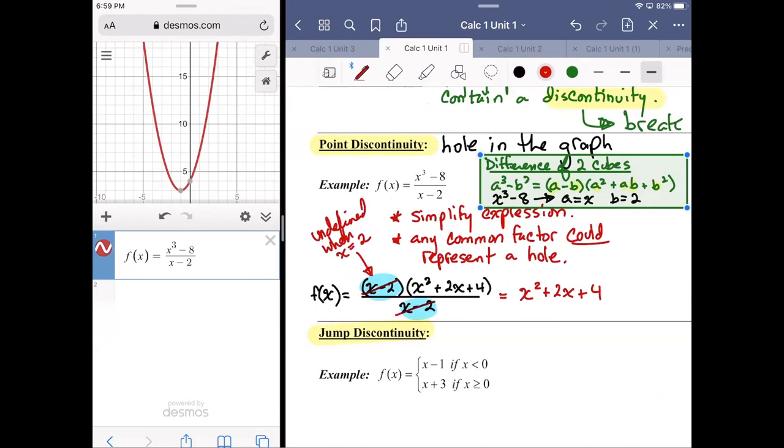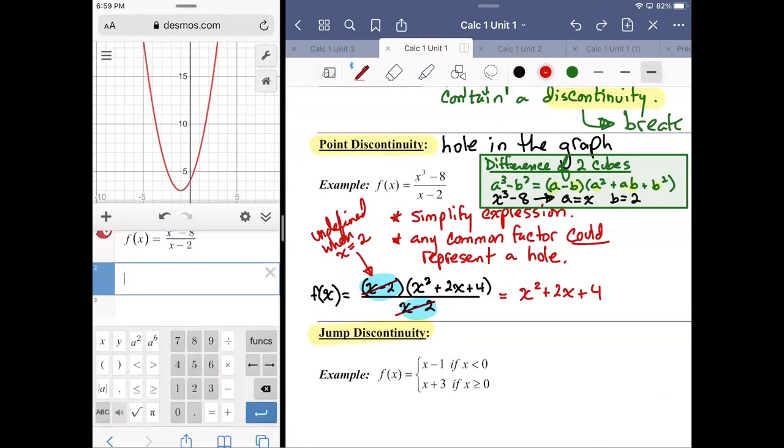If x is equal to 2, it would be undefined because it would make the bottom of the fraction equal to 0. But once you remove it, it's irrelevant for this new function, but it's always going to be irrelevant for the original function. It's an excluded value.